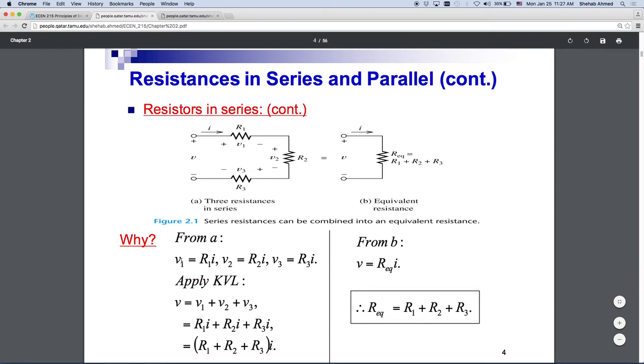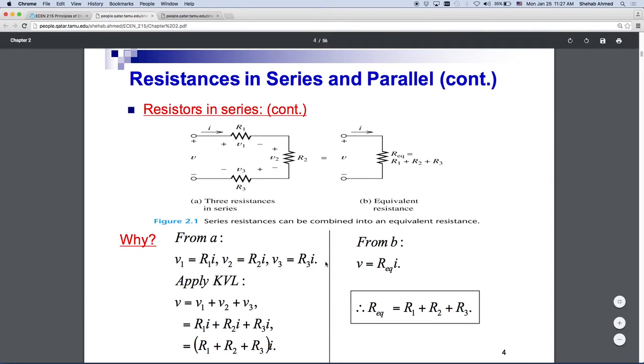So V is equal to V1 plus V2 plus V3. And we know each of the voltages are R1 times I, R2 times I. The current is the same in these circuits. So we can rewrite Kirchhoff's voltage law as V equals the summation of the resistances multiplied by I, which is now the equivalent resistance.